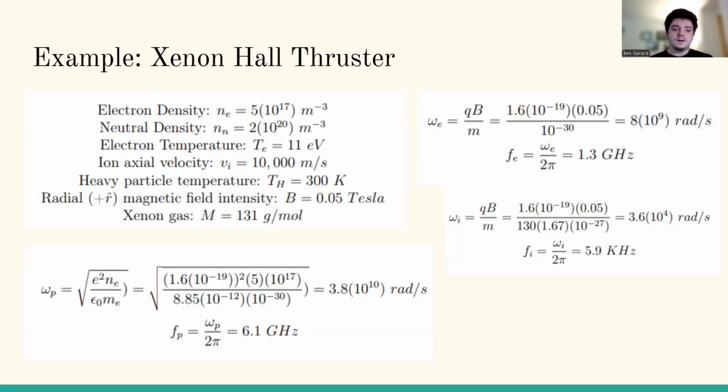Typically, the plasma frequency will be larger than the cyclotron frequency. I also calculated the cyclotron frequency for the ions. As you can see, it is 5.9 kilohertz, much, much smaller than the frequency of the electrons.